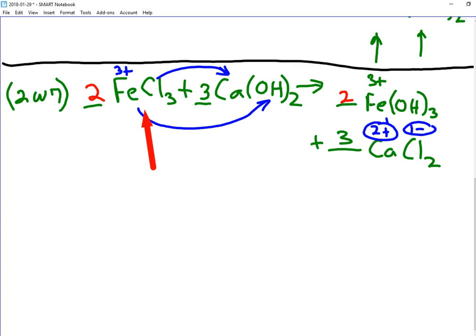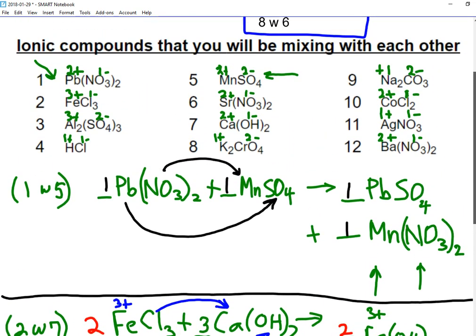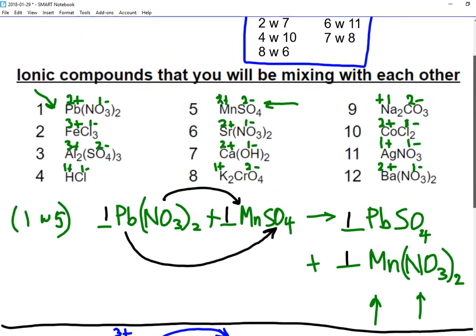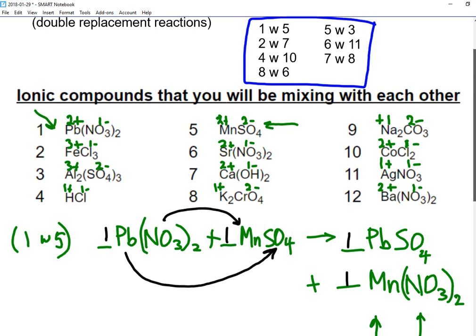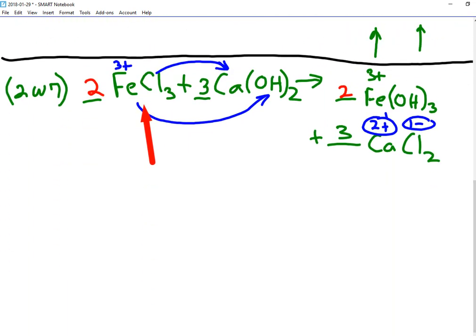I'm going to do one more for you, and then you get to do the rest of these tonight on your own. So my third problem is going to be 4 with 10. So I have to label that 4 with 10. All right?